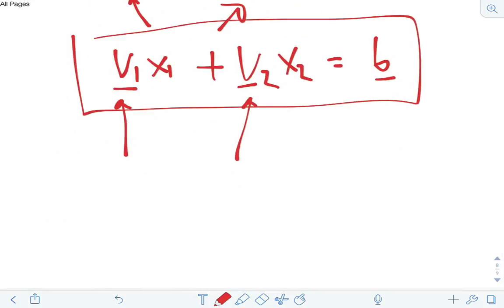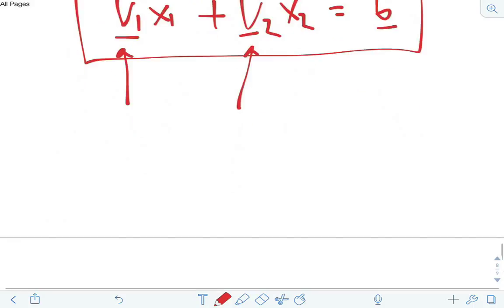So I'm multiplying my first vector times some scalar plus the second vector times a scalar equals b. And these scalars are what I don't know. This is known as a linear combination. I'm making a linear combination of these two vectors, v1 and v2, and asking, can I find an x1 and x2 that will allow me to create this linear combination and make a vector b?